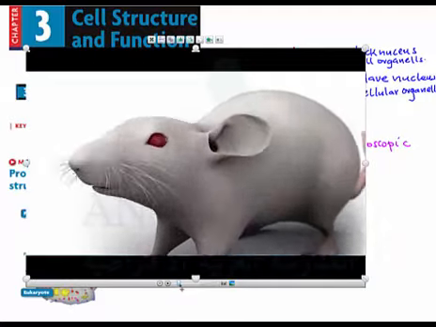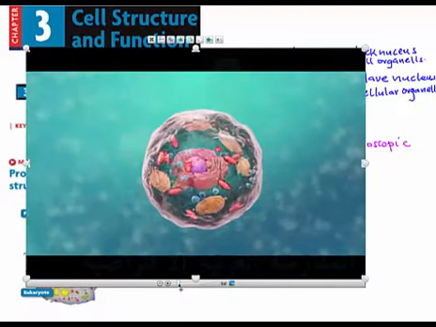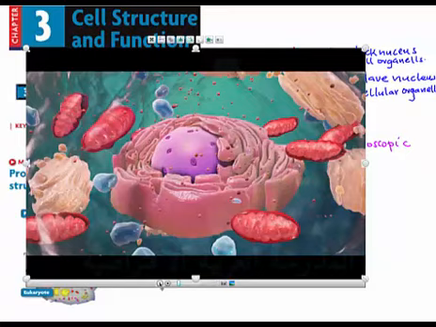What we have here are cellular organelles. The cell we are looking at here has cellular organelles, it has mitochondria, it has the nucleus, so it is a eukaryotic cell.